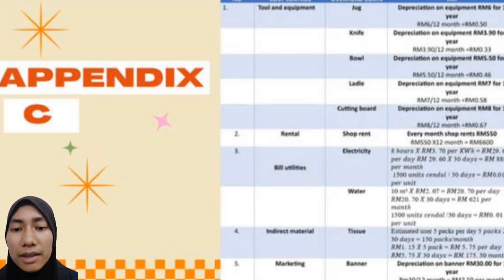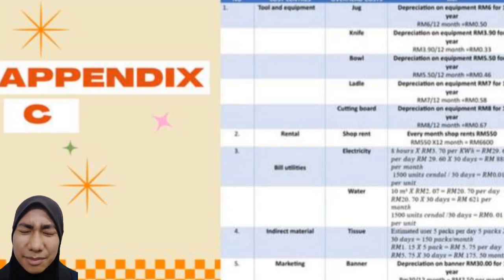150 packs per month. 1 ringgit 15 times 5 packs will equal 5 ringgit 75 per day, and that 5 ringgit 75 per day times 30 days becomes 175.50 ringgit per month.